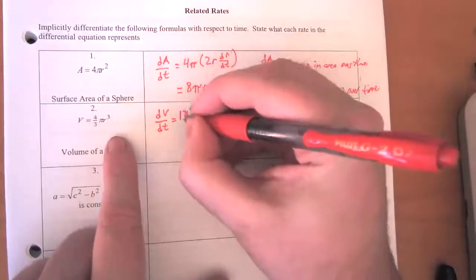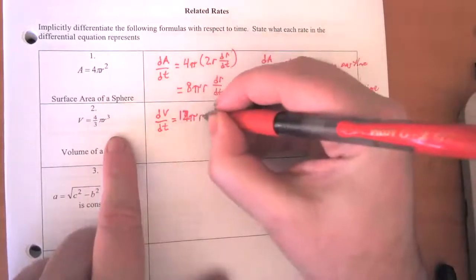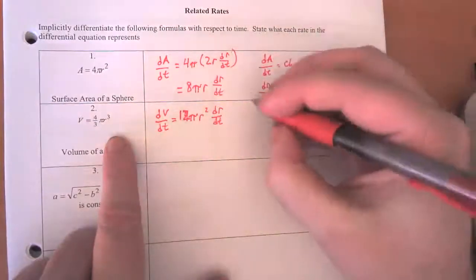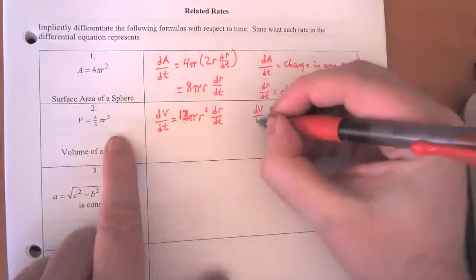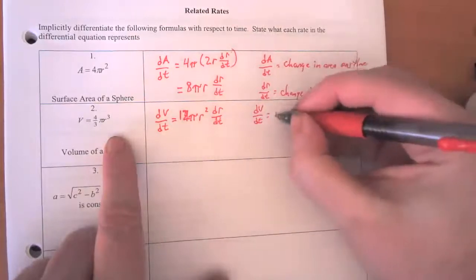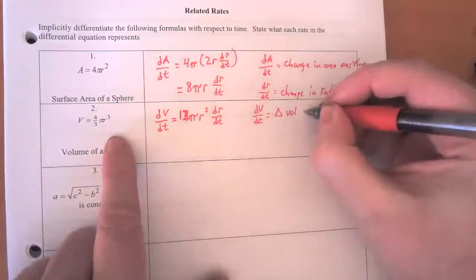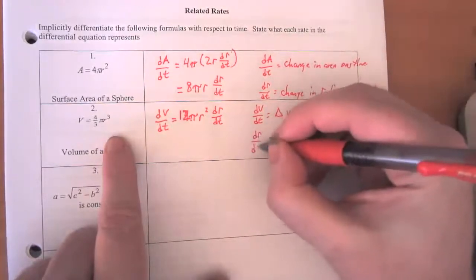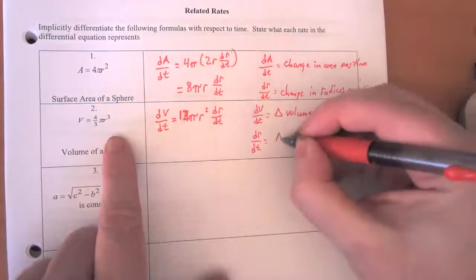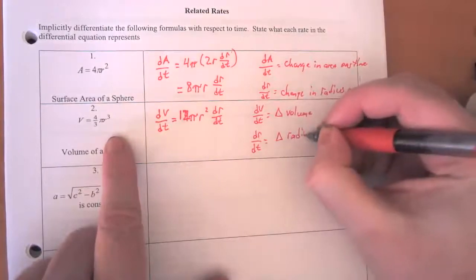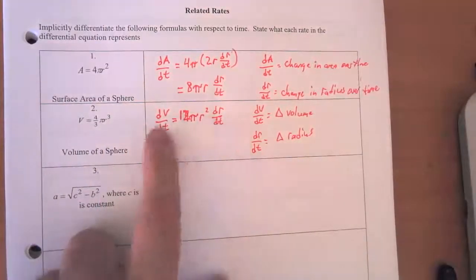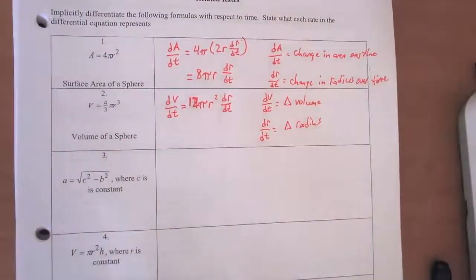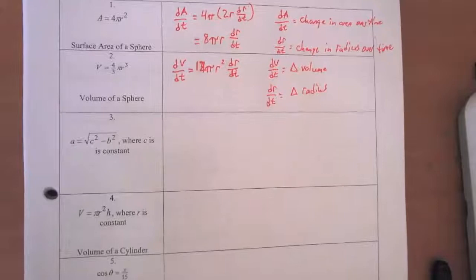So I'll change that to 12 pi r squared dr/dt. And once again, dV/dt is the change in volume, and dr/dt is the change in radius. So once again, we've got a relationship between the rate of change of the volume and the rate of change of the radius.